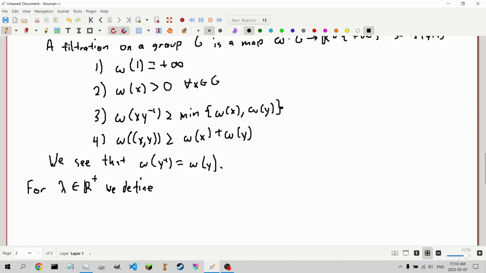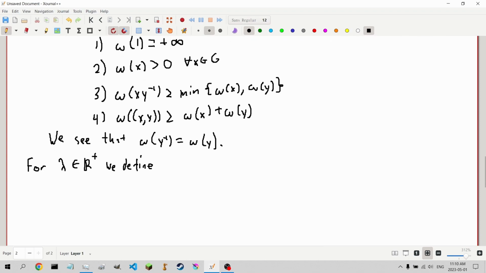So we're going to define two subsets here of G. The first is derived from lambda directly, and is just the set of elements in G that have a filtration of at least lambda.